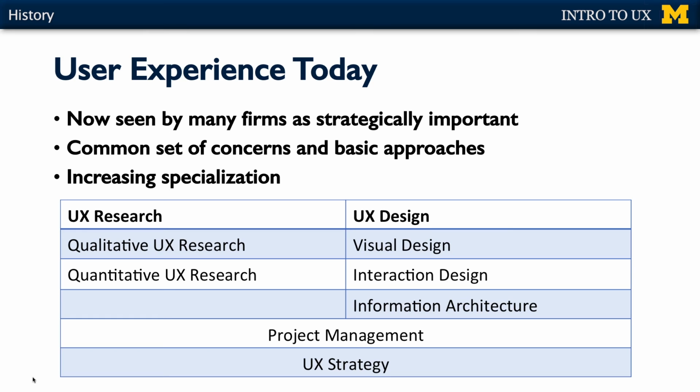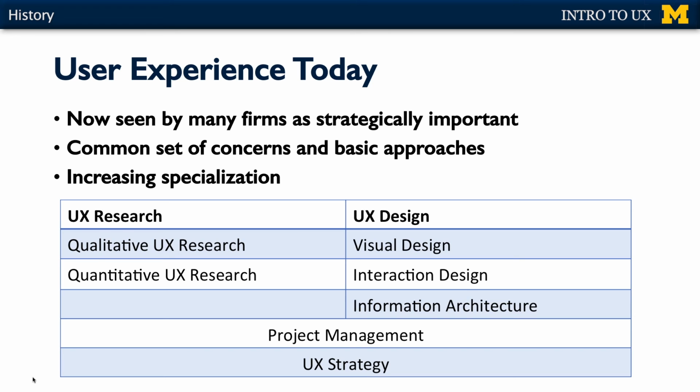But even within those specializations, we're starting to see subspecialization. Within UX research, you have people that specialize in qualitative UX research that primarily do interviews and ethnographic observations, and people that specialize in quantitative UX research that are maybe more concerned with analyzing large data sets of analytics and clickstream data. And on the design side, you see people specializing in different aspects of the design chain.